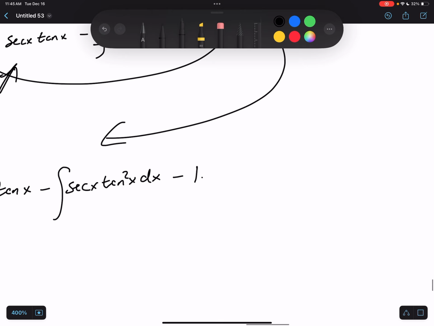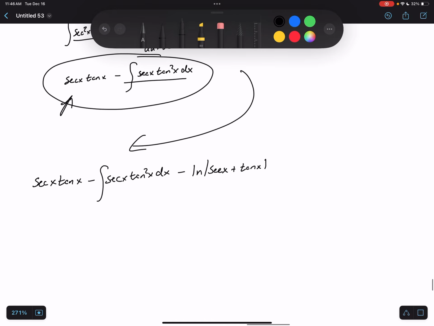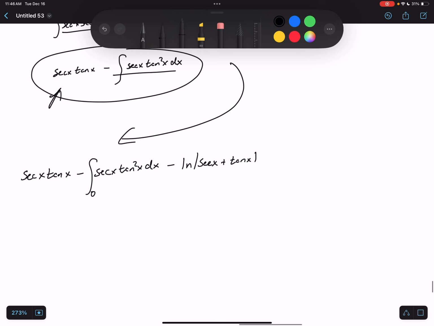And again, because all of these are integrals with no limits or bounds, we're going to add a constant at the end, just so we don't forget later on.